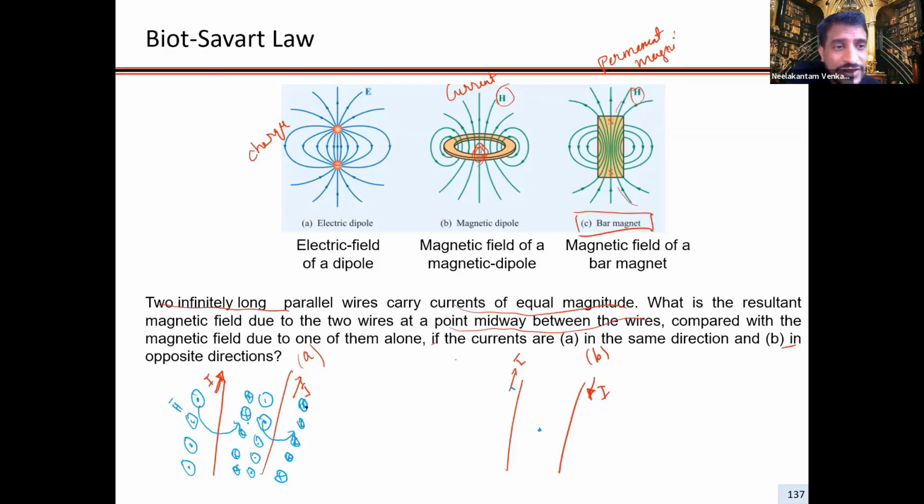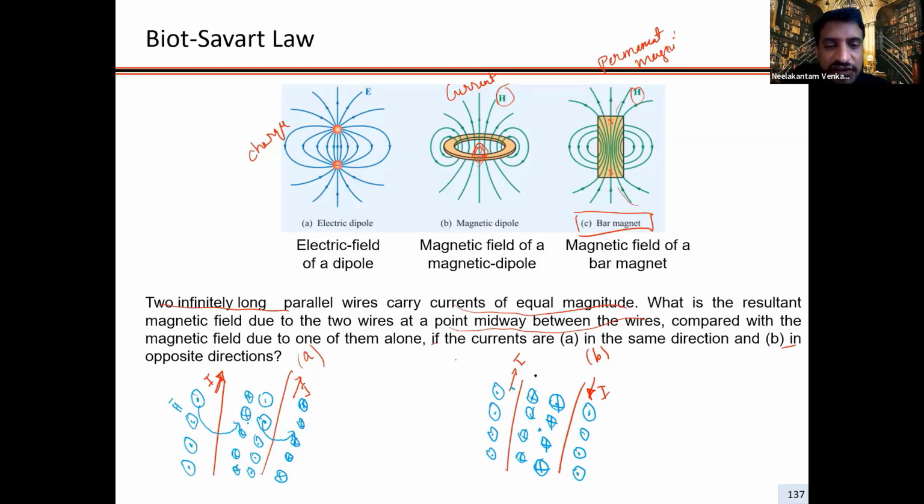But what happens when the two current directions are opposite to each other? Here, the situation is the same as this one. Both of these are coming out and going in here. Whereas for the current that is going down, the magnetic field here is going in, and there it is coming out.